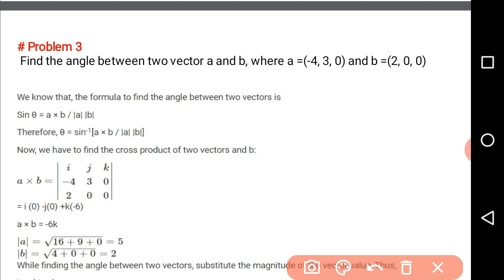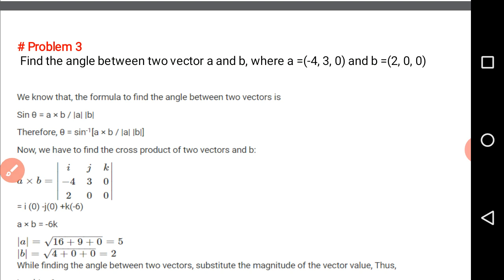Now first of all you have to find the cross product, and the cross product is equal to the determinant, right? So the determinant with i cap, j cap, k cap, then the x component is minus 4, y component is 3, z is 0, and then 2, 0, 0. After finding the determinant, you get A cross B is equal to minus 6k.